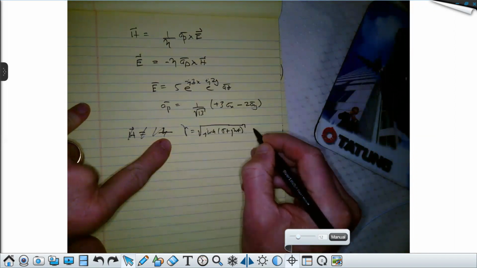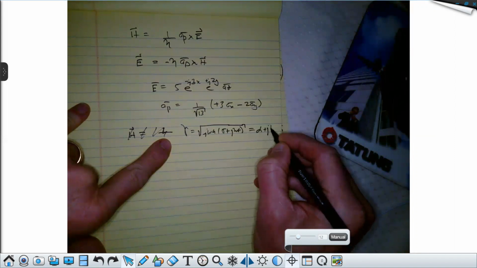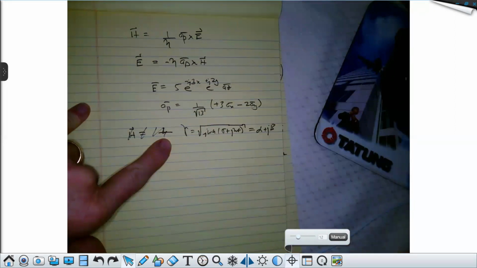And that's equal to alpha plus j beta, right? Everybody? Now, it's lossless. There is no attenuation. So what that means is there is no sigma.